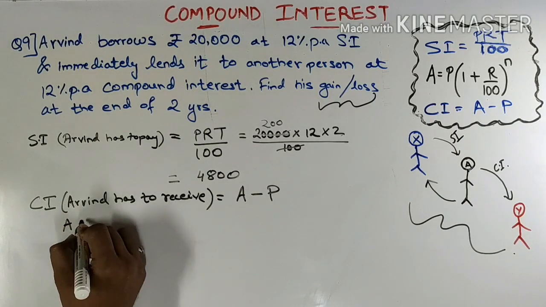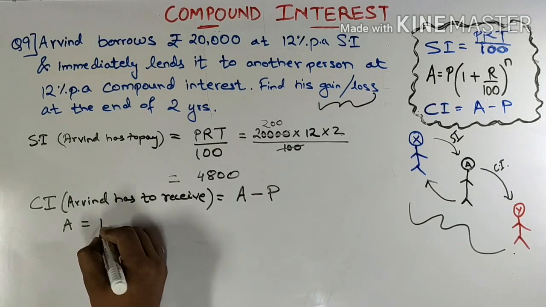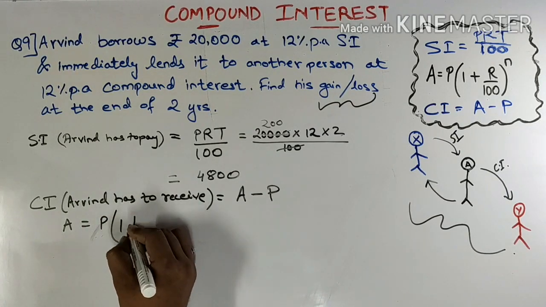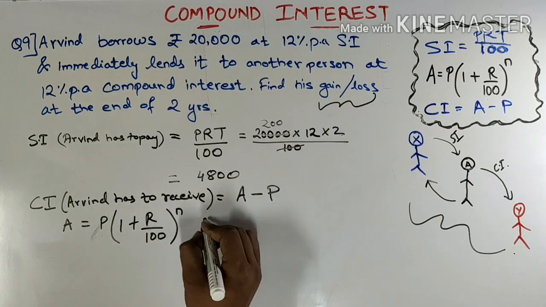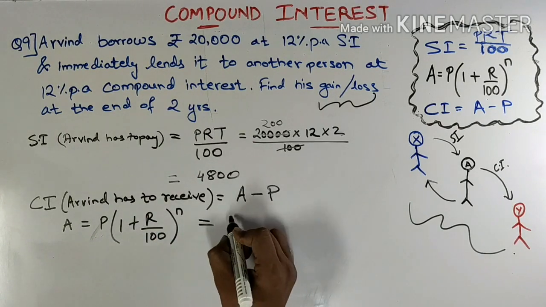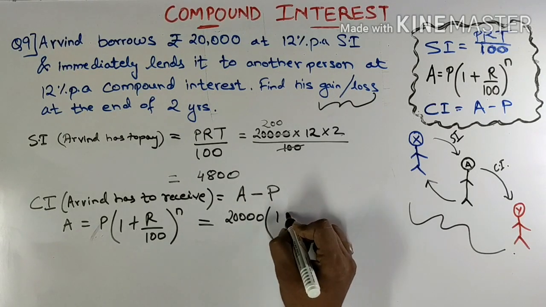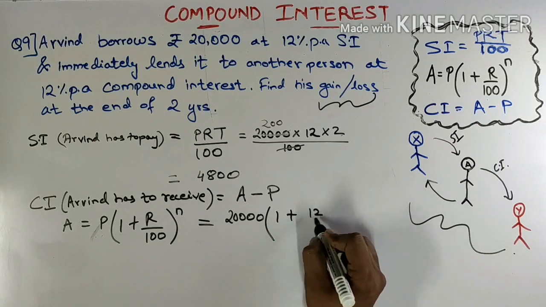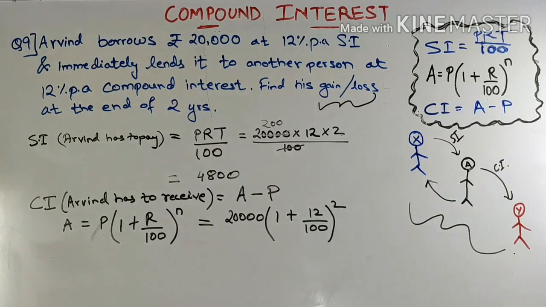A is given by the formula, principal times 1 plus R by 100 the whole raised to N, which is nothing but 20,000 into 1 plus 12 by 100 the whole raised to 2.